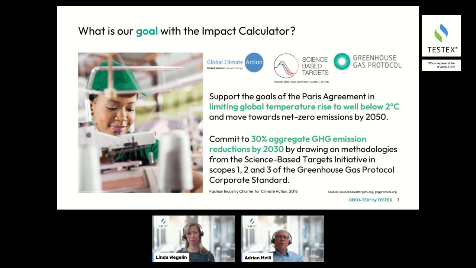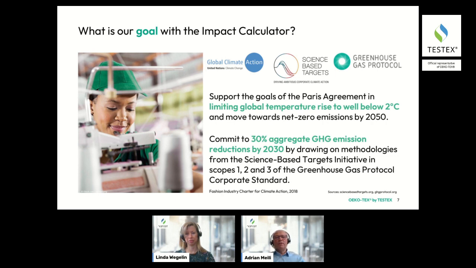Yeah, the very important goal was to give the STEP facilities the tool so that they can also follow the goals known worldwide, like we know all about the Paris Agreement and limiting the global temperature rise to well below 2 degrees Celsius. And furthermore, also to commit to 30% aggregated greenhouse gas emissions reductions by 2030.